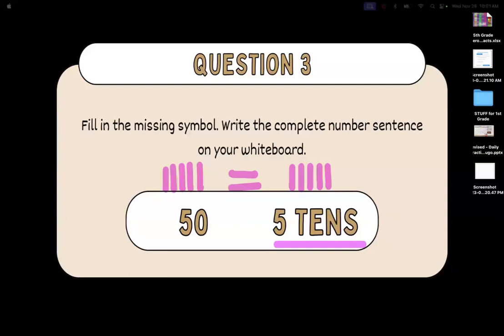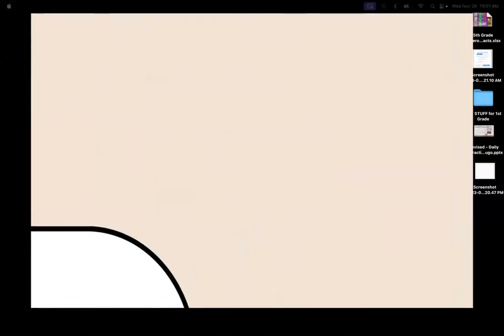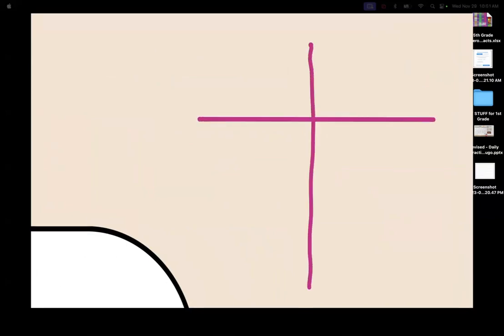So for instance, this is a good conversation to have. If we have our tens and ones blocks here, I want you to see this. So we have our tens and we have our ones. If we're going to make the number 50, how many tens blocks do I need, Quinn, to make 50?